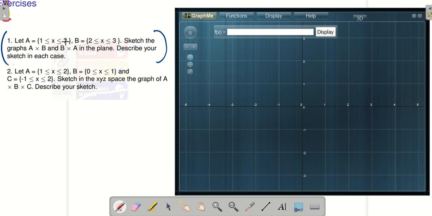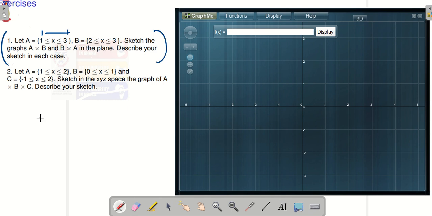So 1 to 3 means from 1, there are infinite numbers between 1 and 3. There are negative numbers, decimals. You can have 1.5, 2.5, 2.6, 2.07, a lot of numbers in between 1 and 3. The same thing applies to 2 to 3. There are infinite numbers. So we cannot list all the Cartesian products.